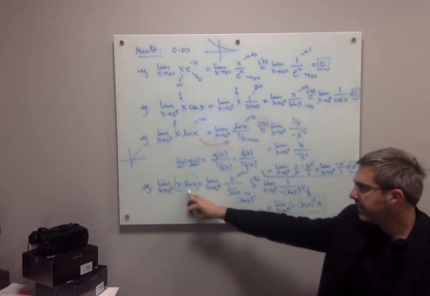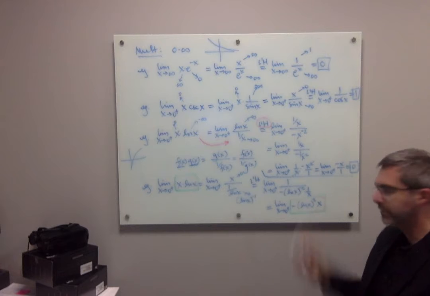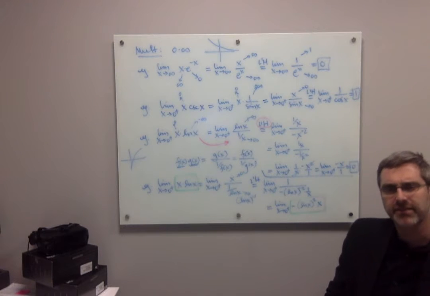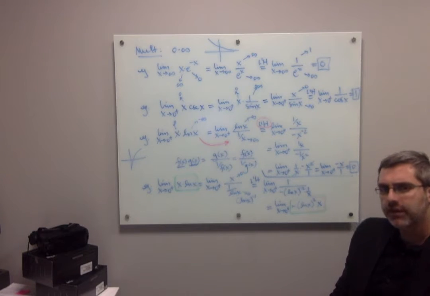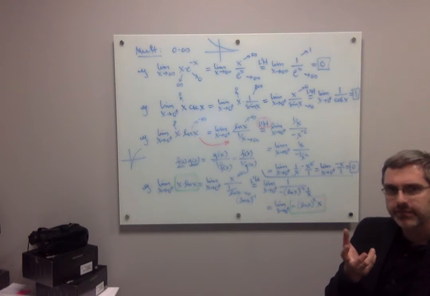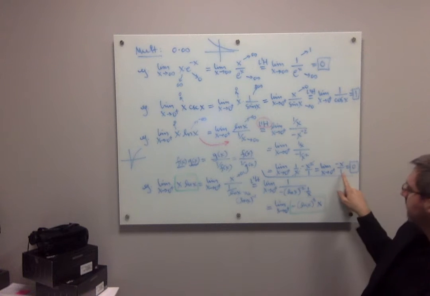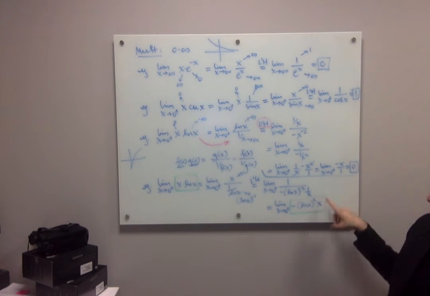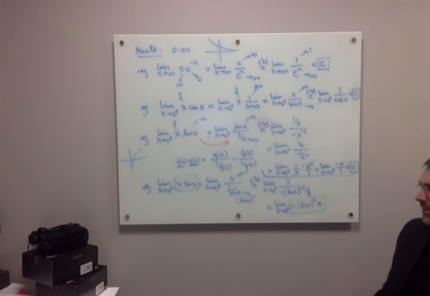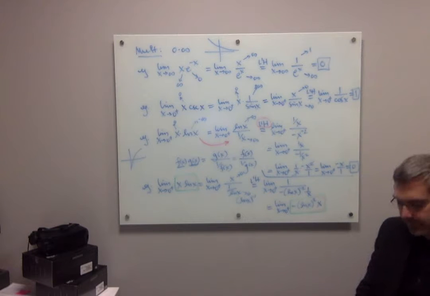Before I had an x times natural log, now I have an x times natural log squared. That's worse. So generally when you put one of them on the bottom, the fraction will get better. See, this is a much better fraction. The other one on the bottom ends up making the fraction worse.